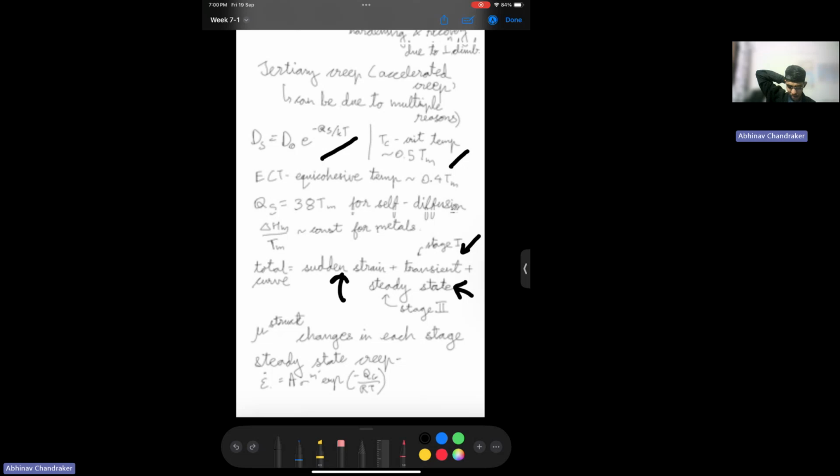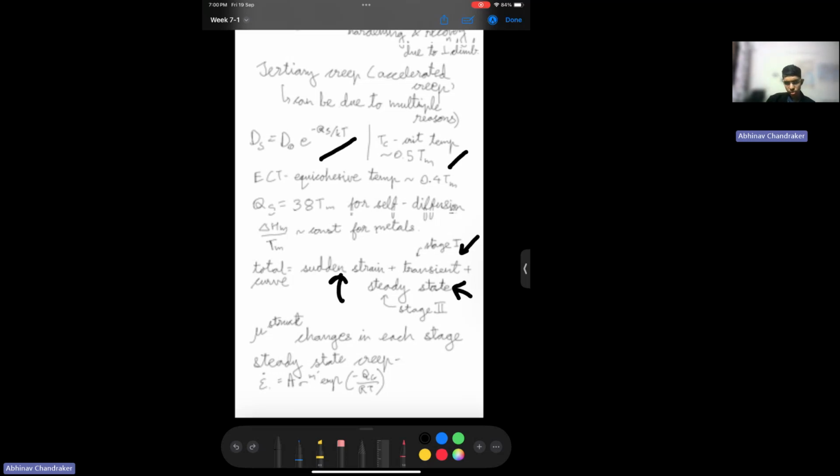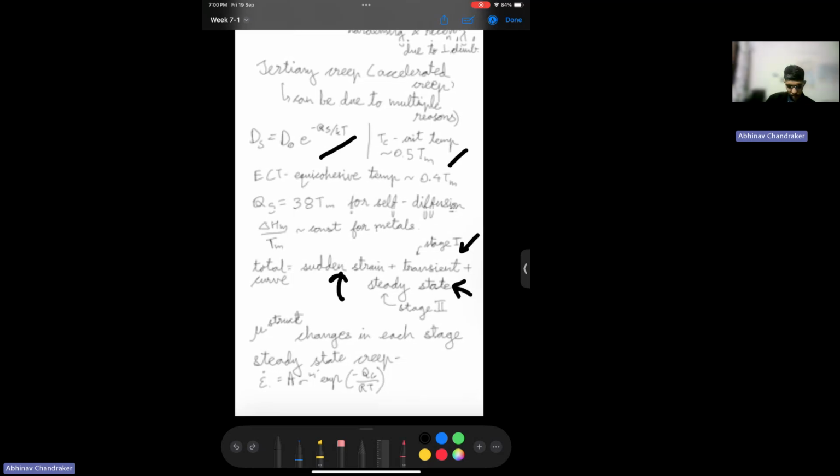And for steady state creep, you have a general equation, because steady state creep is very important when it comes to application purposes. I'll tell you why in the subsequent note also, which I'll discuss. But it will have a general form like this: sigma raised to m dash into A into exponential minus Qc by RT. So dependence on stress as well as temperature of the steady state strain rate.